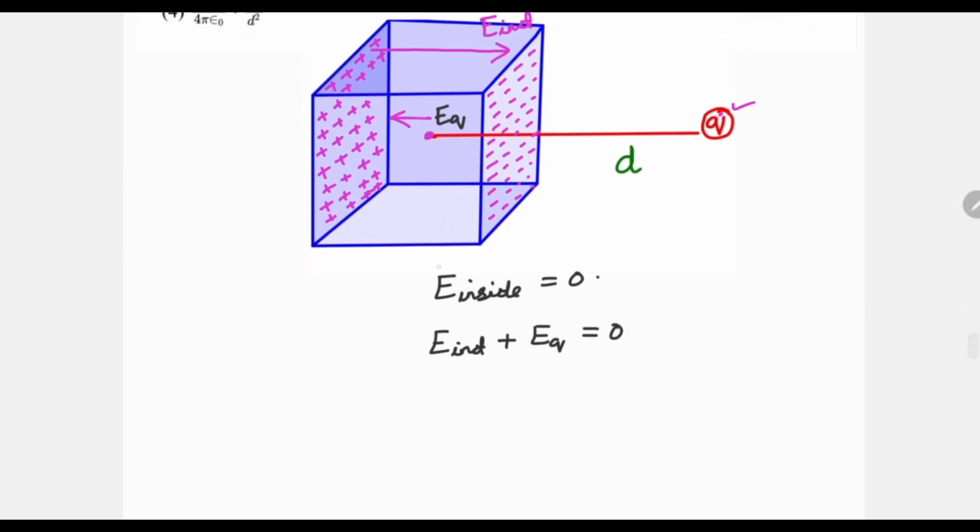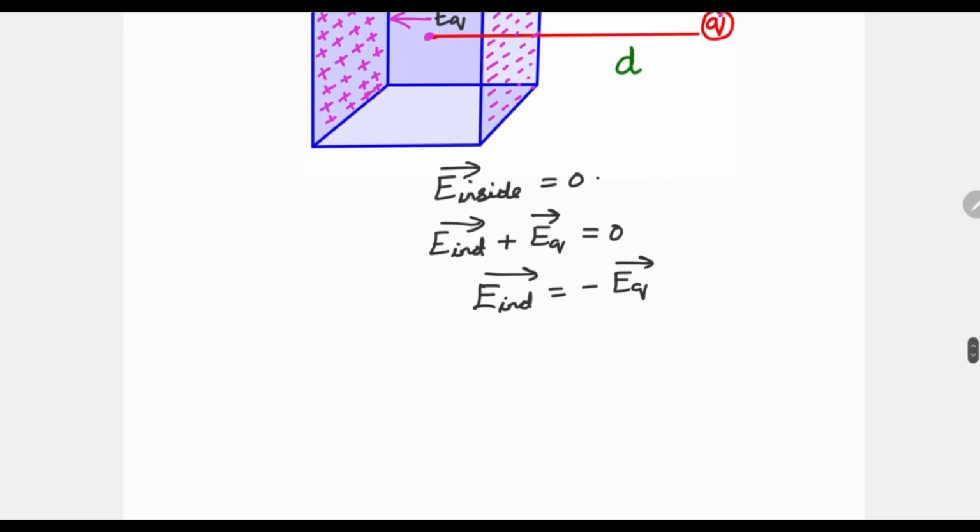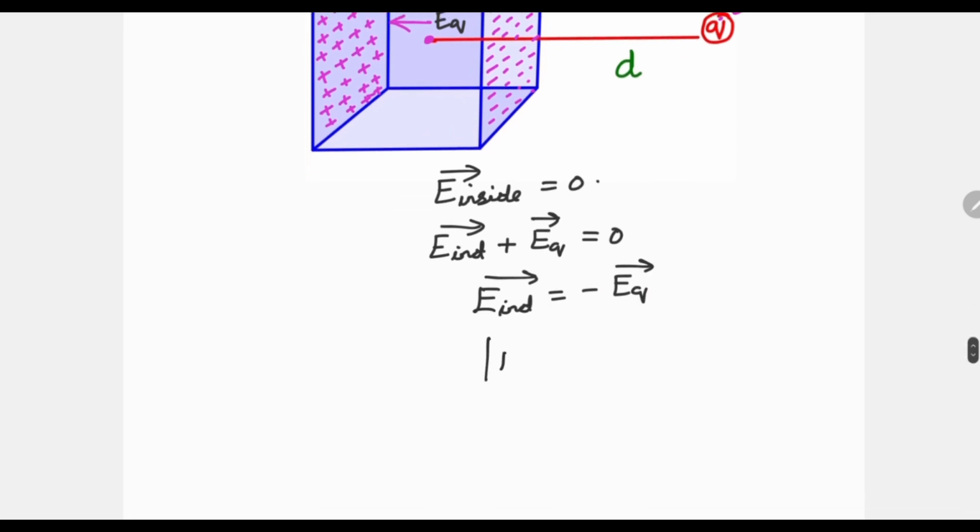In other words, all these things we have to represent in vector form. So E induced plus EQ equals 0, or you can write E induced equals minus EQ. Now we need the magnitude only here. So mod E induced equals mod EQ.